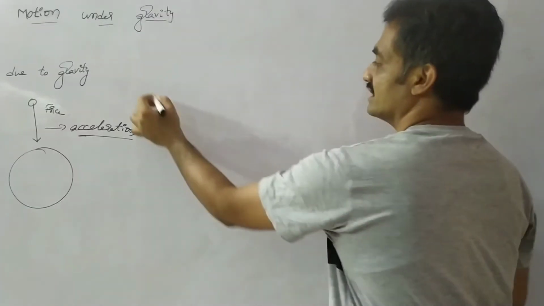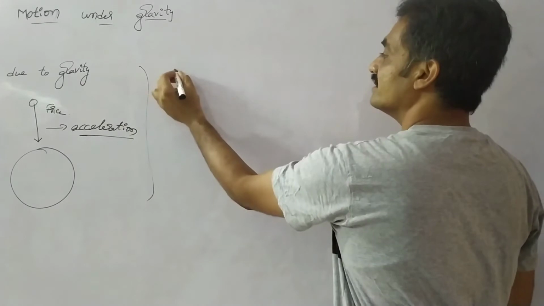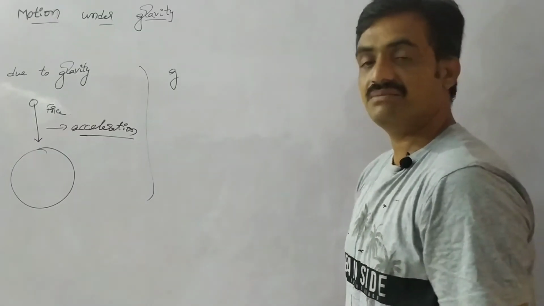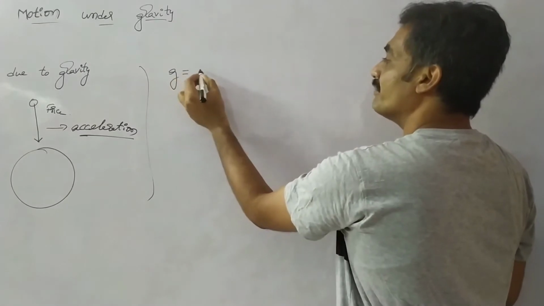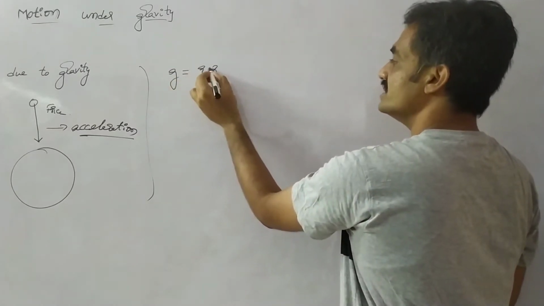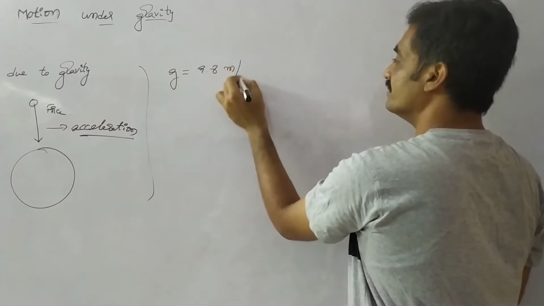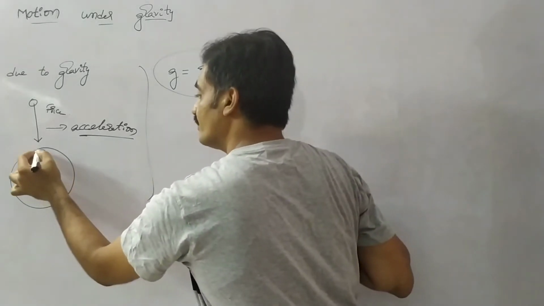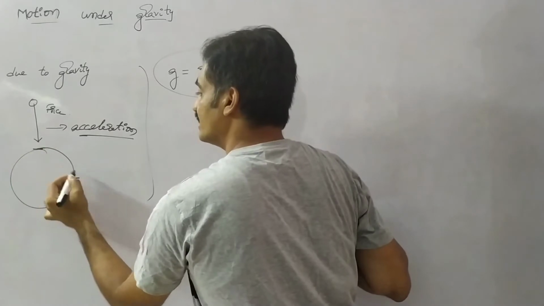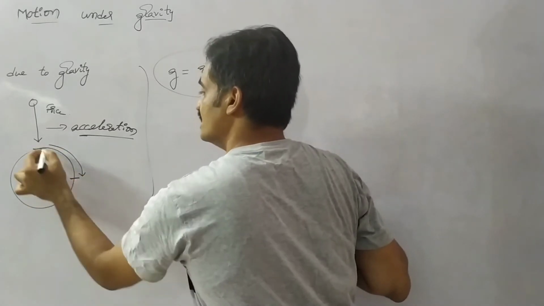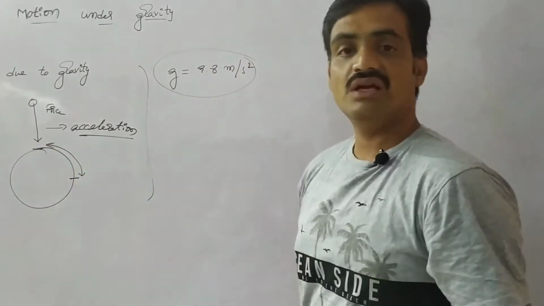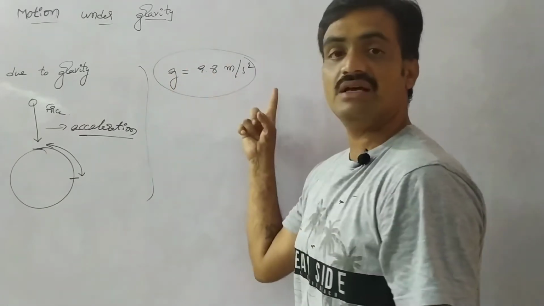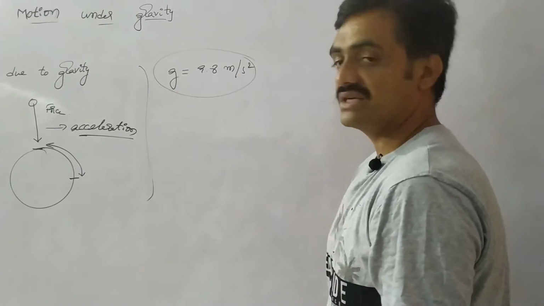Acceleration due to gravity is represented by g, and the approximate value of g is 9.8 meter per second square. As we move from the poles to the equator, the g value continuously changes, but the approximate value is 9.8 meter per second square.